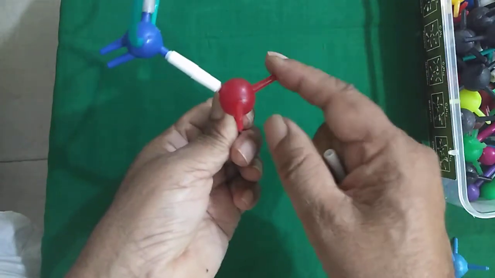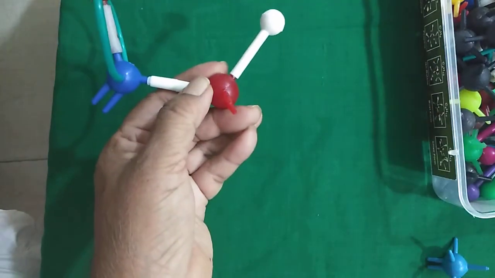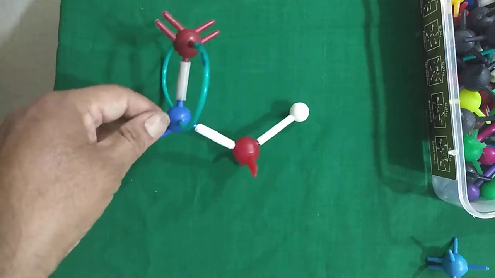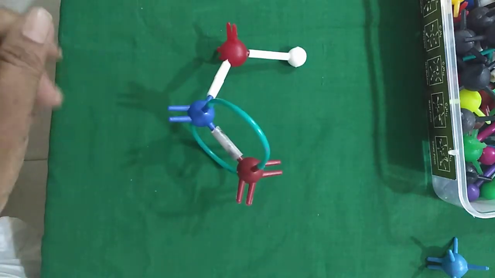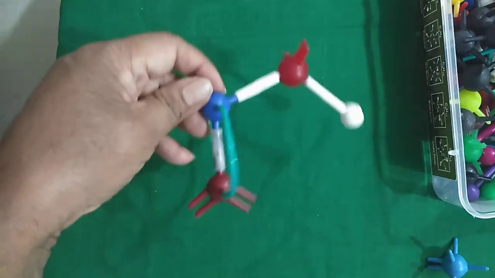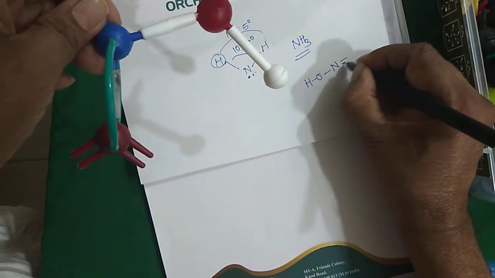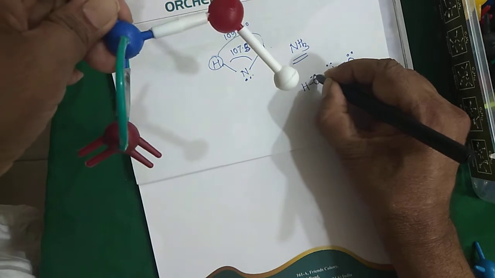This sp3 hybrid orbital of oxygen containing one unpaired electron overlaps axially with the s orbital of a hydrogen atom and gives formation of an O-H sigma bond. This is nitrous acid, HON=O.